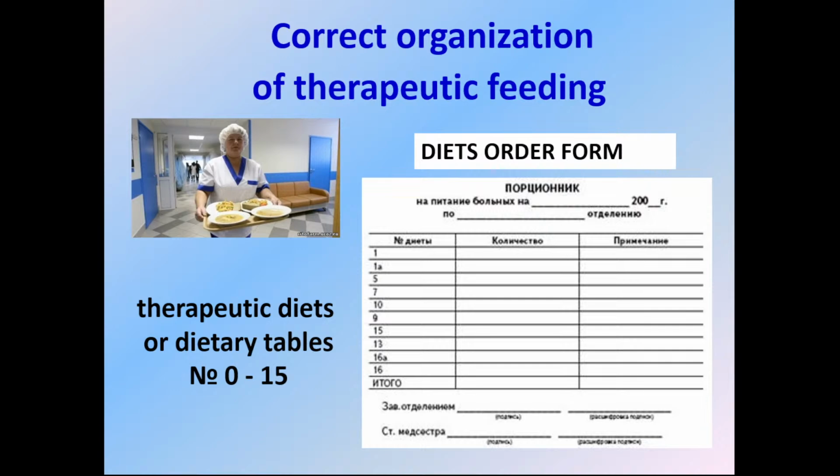All dietary recommendations are tightly correlated with the patient's disease. We'll use the usual 15 tables for patients without problems of the gastrointestinal tract or any severe diseases, or in some pathology we can prescribe one or another table which restricts some food and recommends other food more widely.